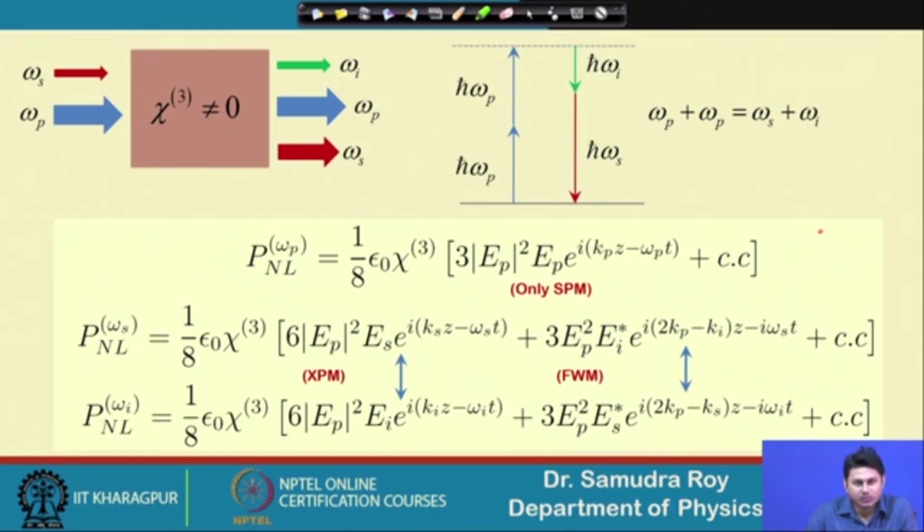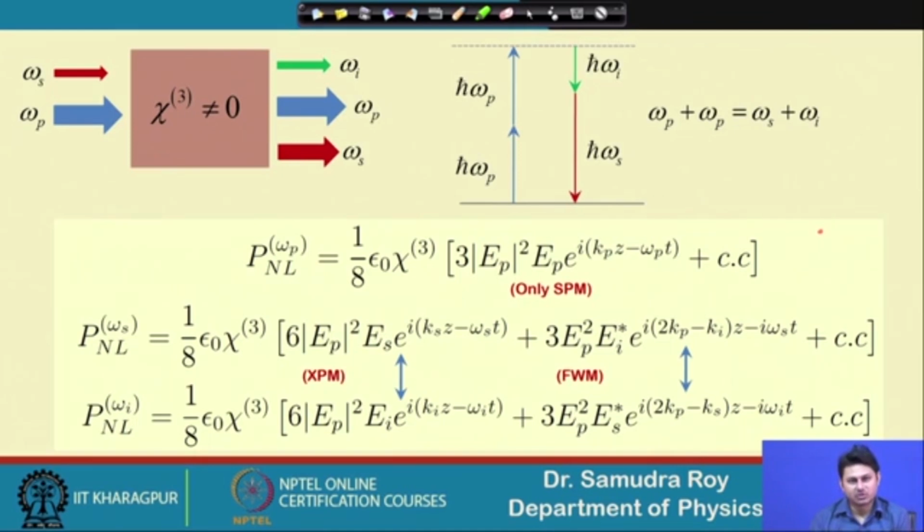So, PNL omega p is a nonlinear polarization term that will excite the omega p field, or the pump, and in order to consider this pump field, we only take the self phase modulation term because EP is quite strong.